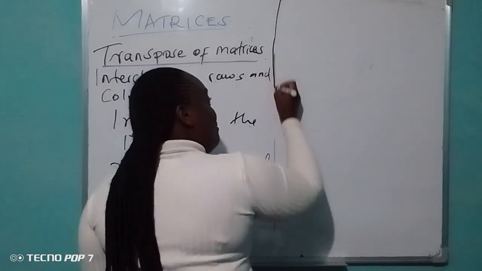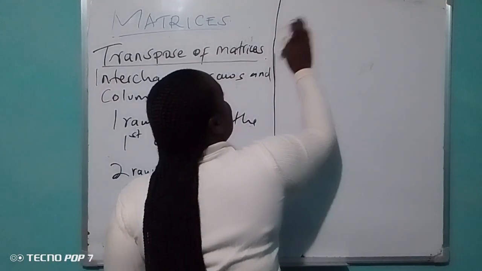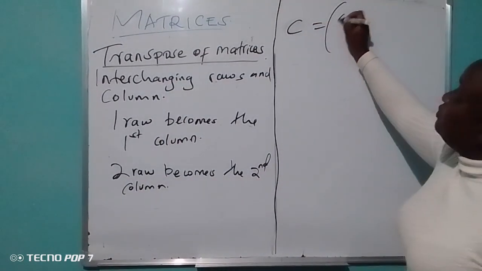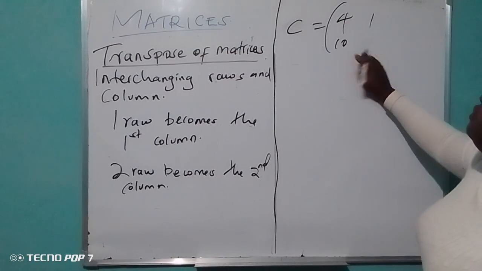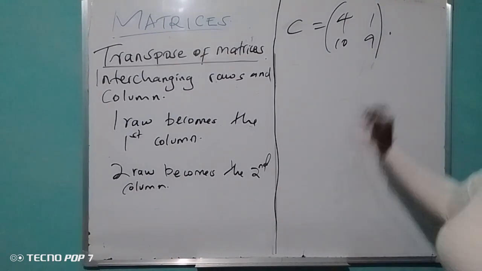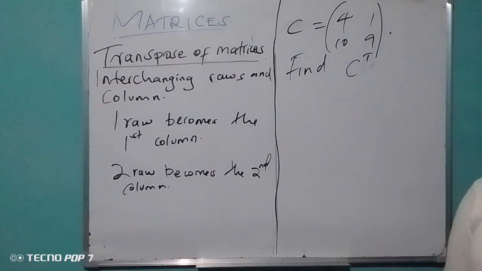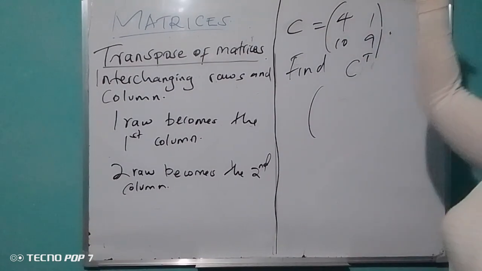Bado tujaingia kwa matrix. So for example, matrix C is equals to 4, 1, 10, 9. Sindio? That is matrix C. Find CT, transpose of C. So the first row becomes the first column.